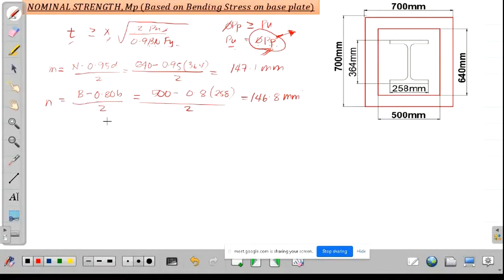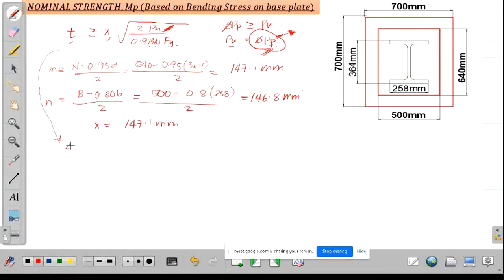Okay? So now we know our X. That is the larger between M and N, that is equal to 147 point. Okay? So when we substitute all the values in our equation, we get the value of our PU.